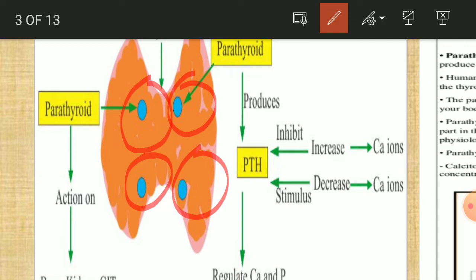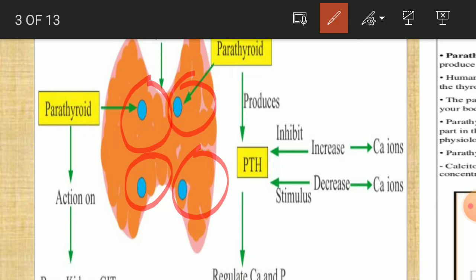Here we are seeing that at the superior pole of the thyroid gland there are 2 parathyroid glands called superior parathyroid glands and 2 are situated at the inferior pole. These are very tiny disc shaped structures and measure almost 3 into 6 into 2 millimeter in dimension.